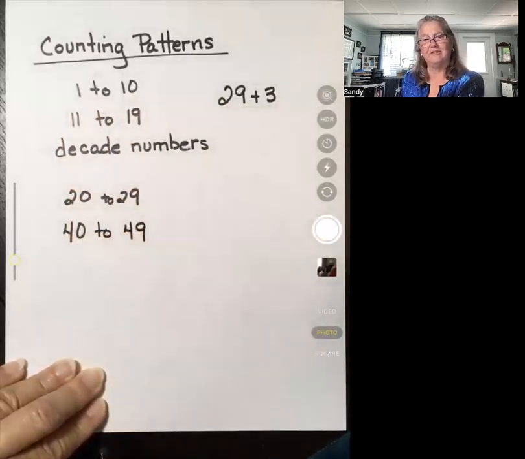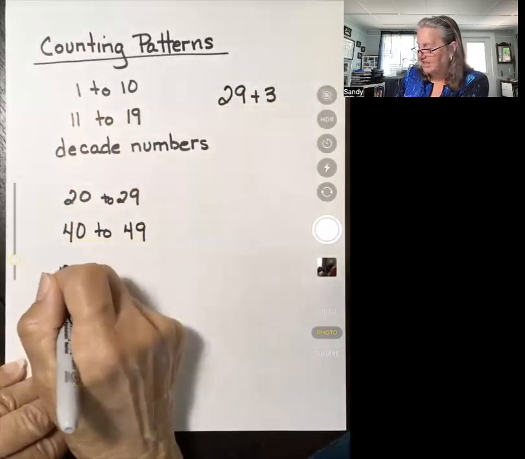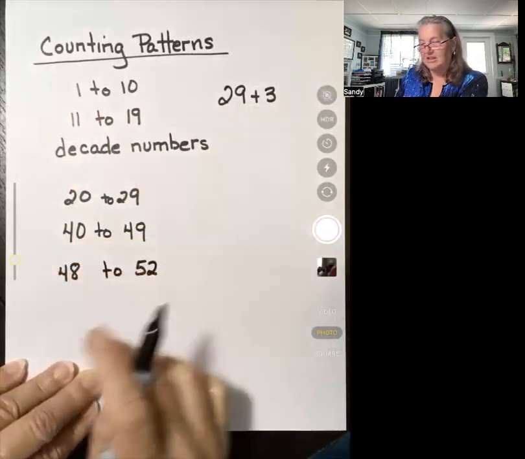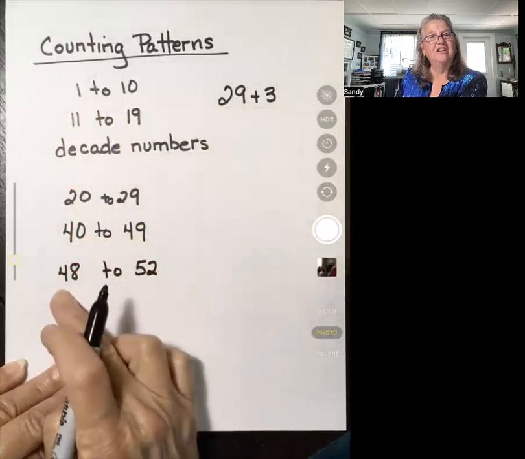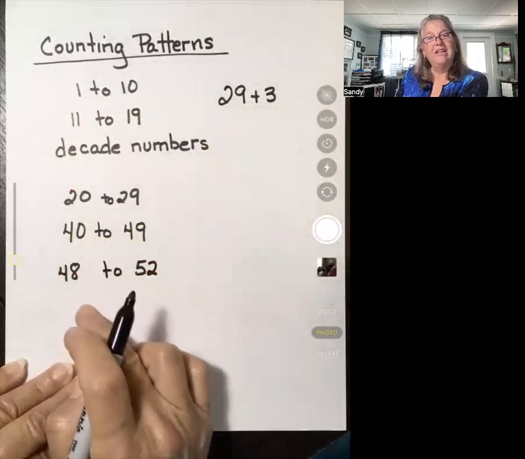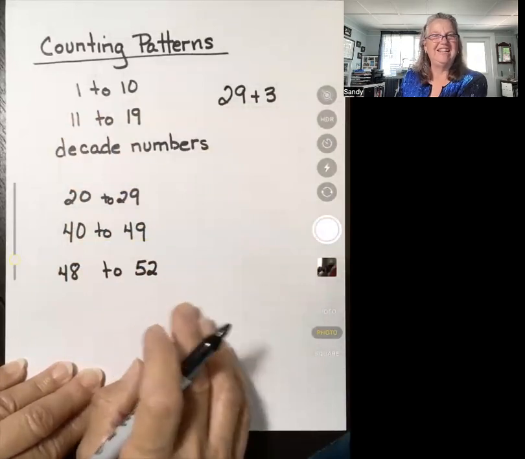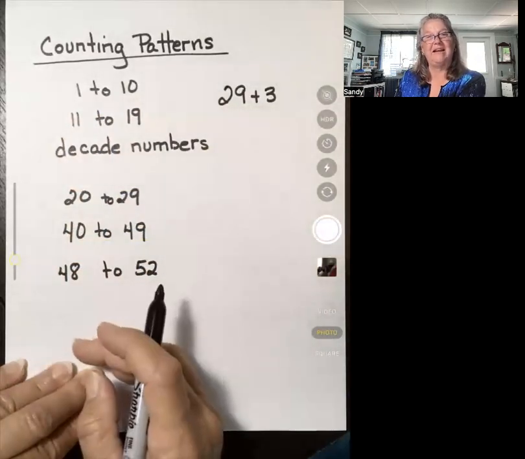It's the same pattern. Where it's really tricky for many young children is to go from, say, 48 to 52. That's a hard transition. They'll do 48, 49, 50, and then you may hear your child say 60, 70, 80. They'll go into a different counting pattern.